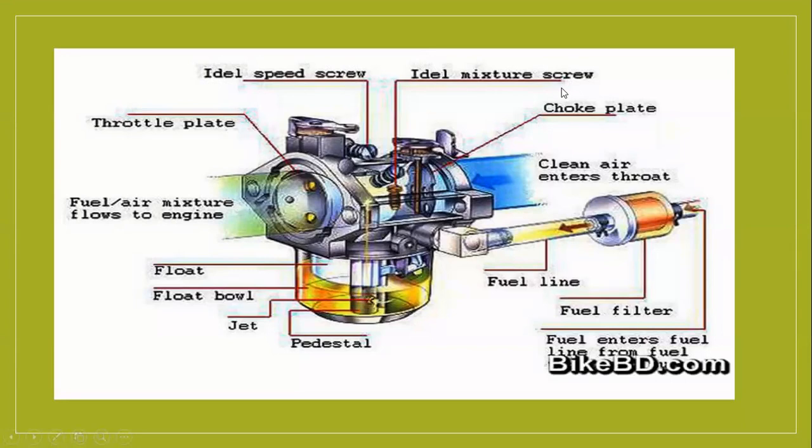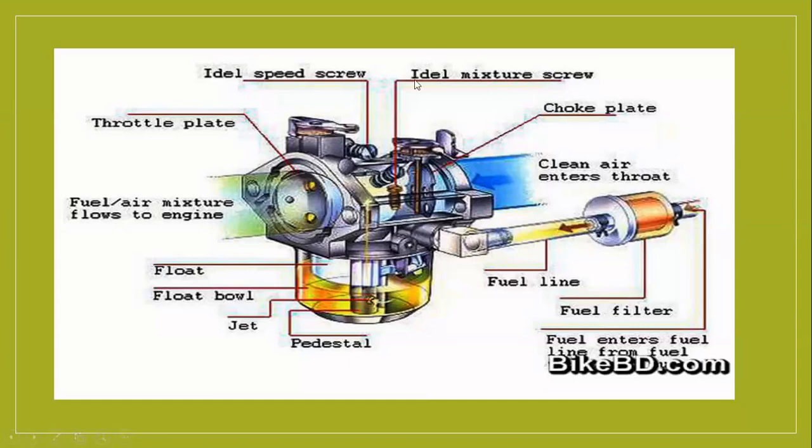Sometimes the engine is working idling, but when you put the gear, the engine will stop. That means your air fuel mixture is not enough. So you want to adjust this idle mixture screw. Mixture means air fuel mixture. When you tighten it, the air fuel mixture is very low.